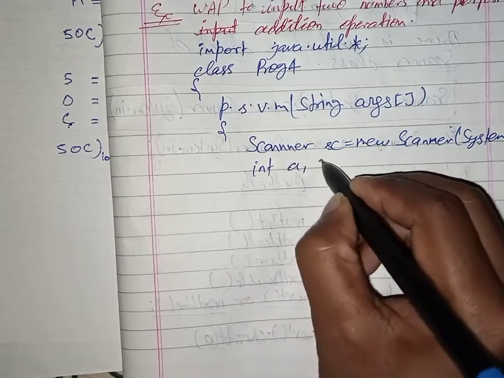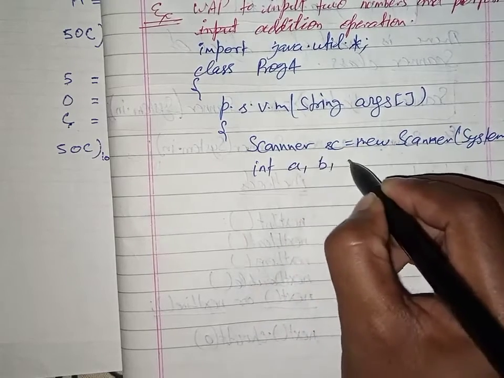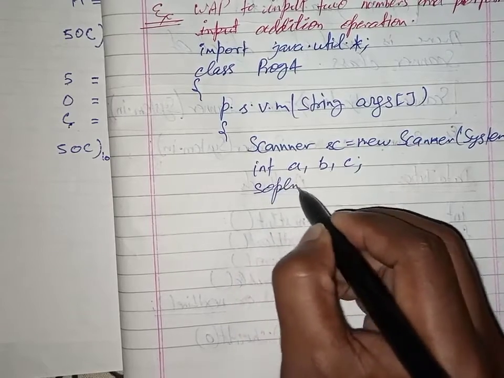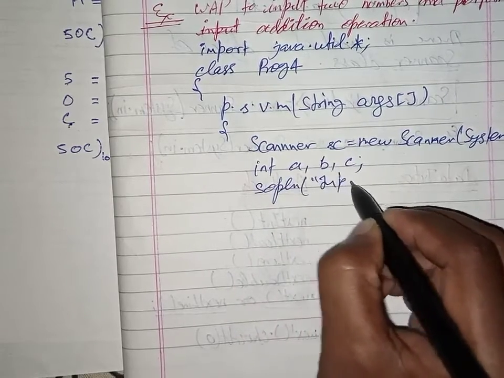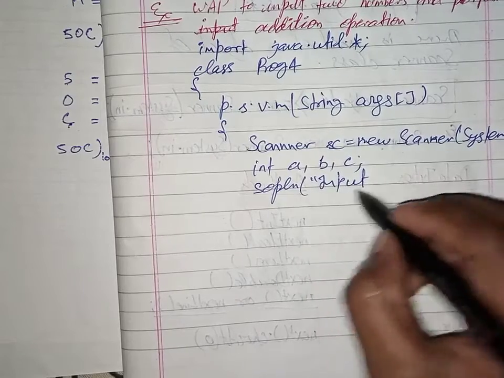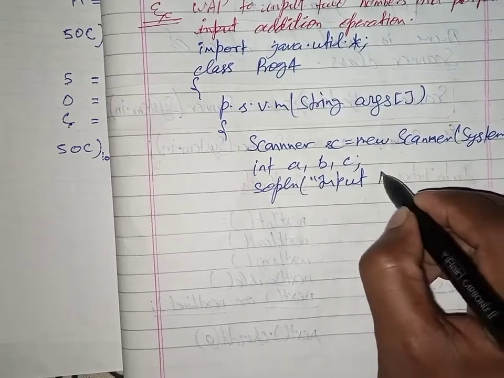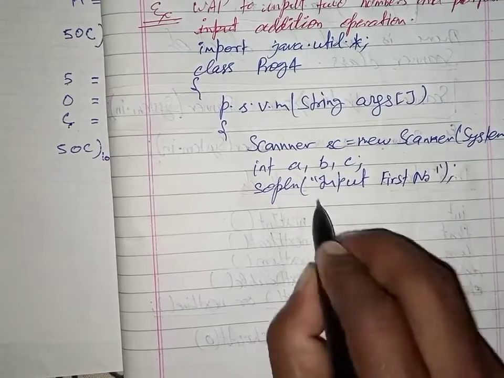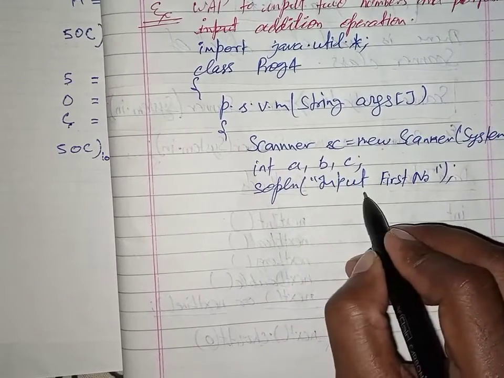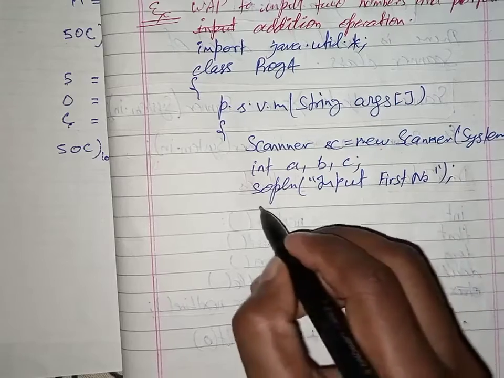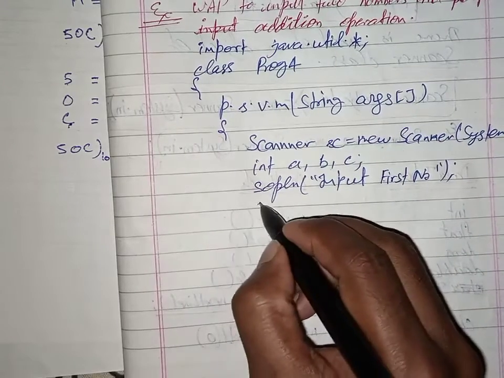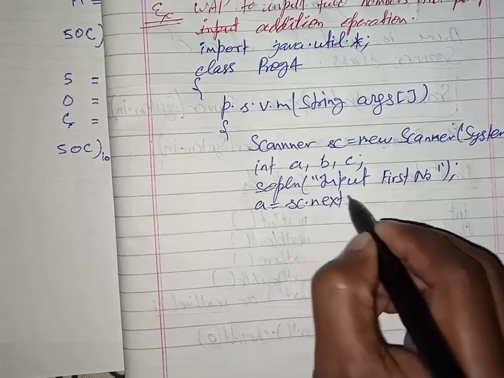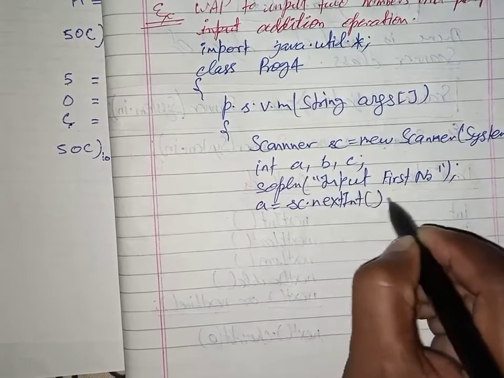Integer a for first number, b for second number, and c for result. After that I am giving a message, input first number. Here this is just a message, but how can we perform input? a is equal to sc dot next int.